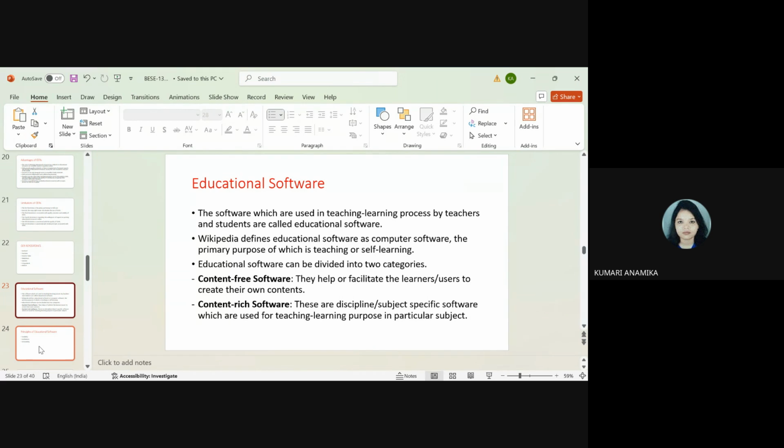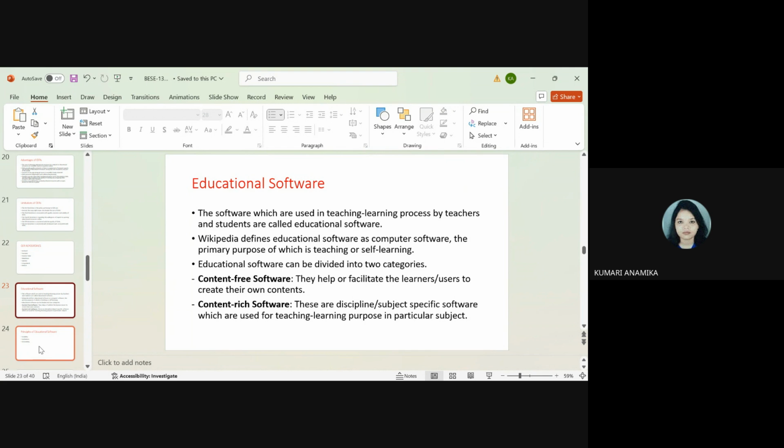Next we will see educational software. The software used in the teaching learning process by teachers and students are called educational software. Wikipedia defines educational software as computer software, the primary purpose of which is teaching or self-learning.